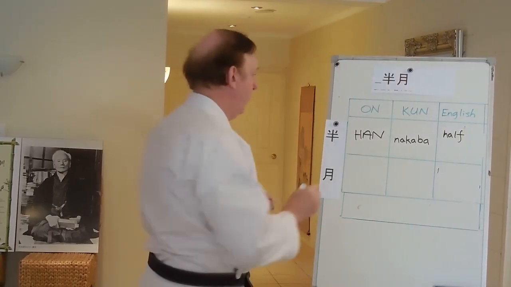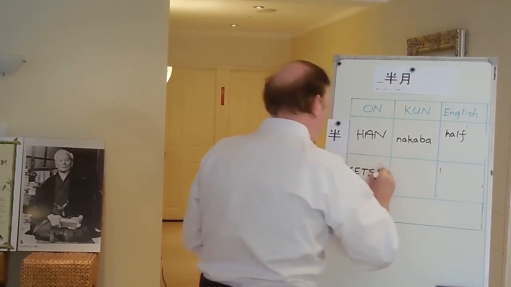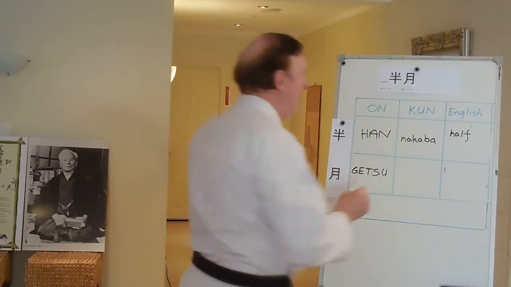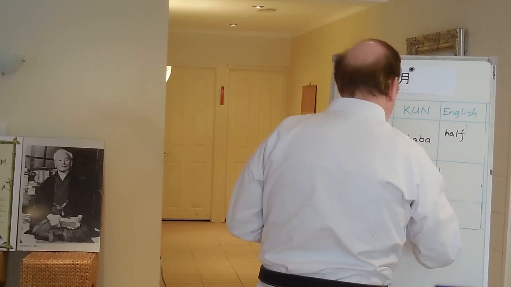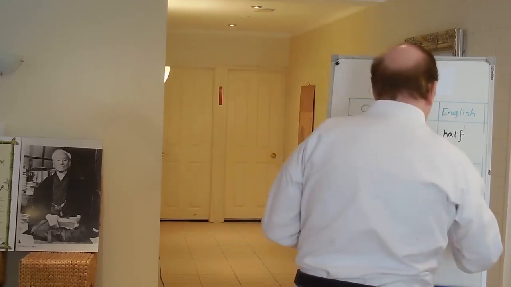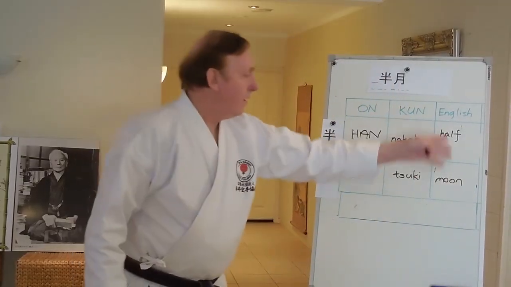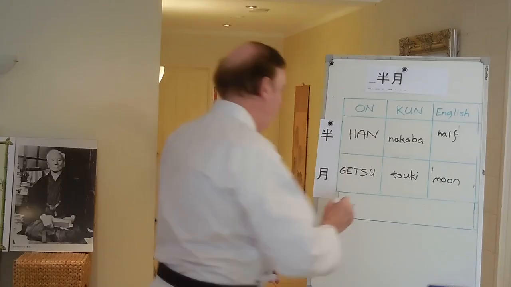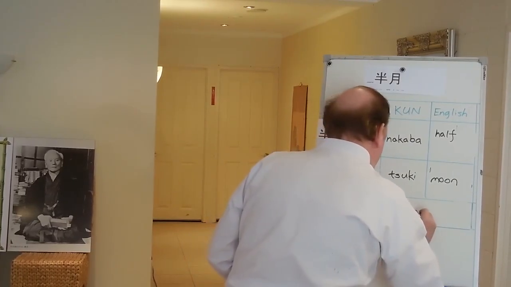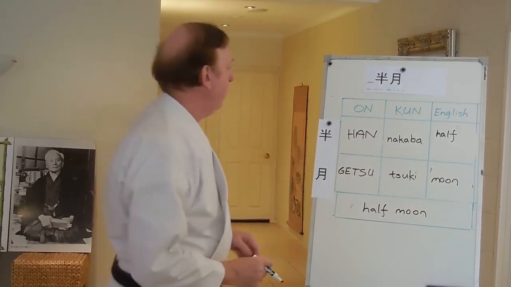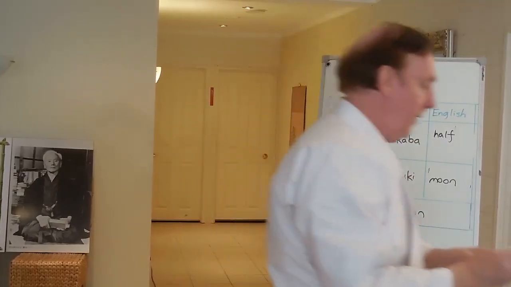And getsu, it's this kanji, which means tsuki. And tsuki means moon. So again, this translates very easily as half moon, which is the half moon definition of hangetsu. Take a look at the next one.